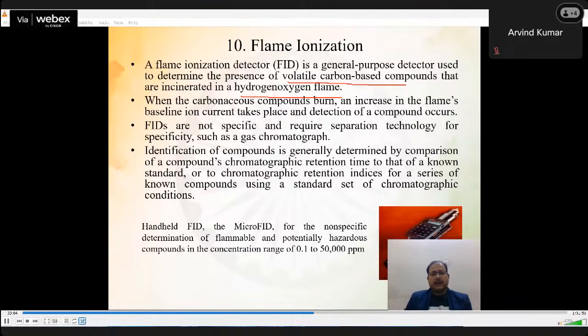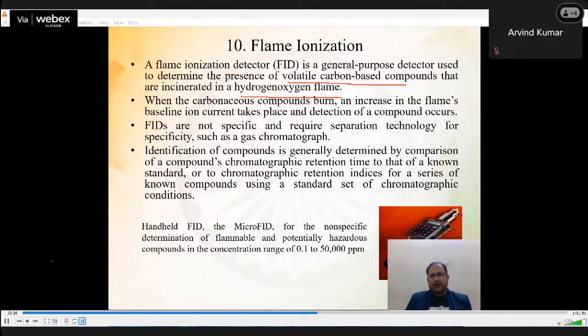Identification of compounds is generally determined by comparison of a compound's chromatographic retention time to that of a known standard, or to chromatographic retention indices for a series of known compounds using a standard set of chromatographic conditions. These are already established conditions which we use to analyze samples being taken.